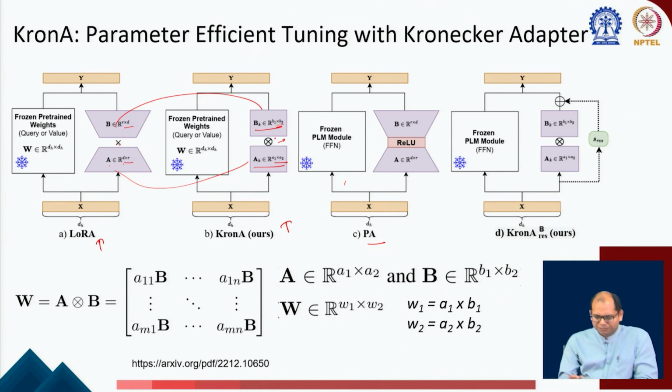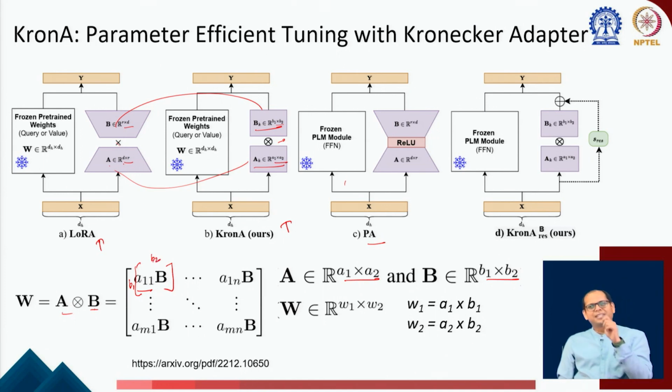And what is this Kronecker product? Let's say we have 2 matrices A and B, and we are taking a Kronecker product. What does that mean? Let's say A is of dimension A1 cross A2, and B is of dimension B1 cross B2. You take the first element of A, that is A11, and then you put the entire block of B, B1 cross B2.